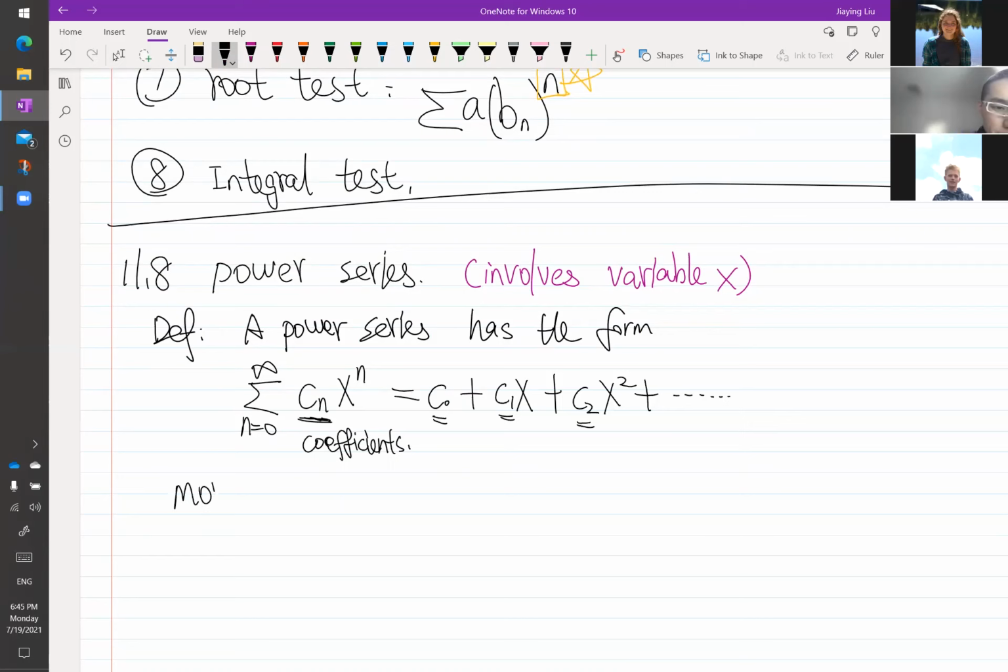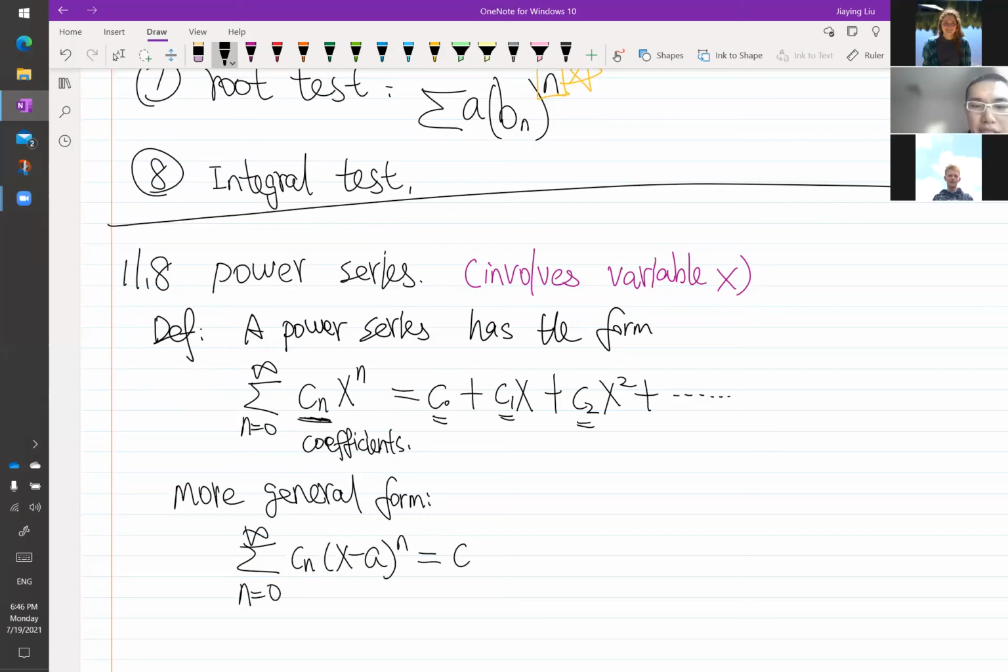And the more general form, we write as sigma n from 0 to infinity of Cn (x minus a) to the n, where a is a constant, Cn's are also constants. If we expand it, we get Cn at n equals 0, that's a C0.